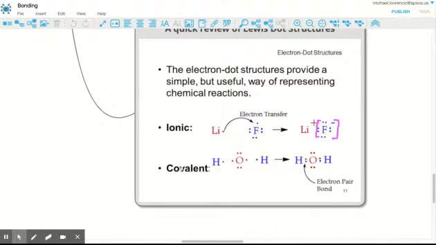For covalent bonds, those Lewis dot structures are showing how electrons are shared between atoms to fill up those octets. One pair of electrons shared between two atoms is a single covalent bond. And remember, atoms can share multiple pairs of electrons if they need to get a complete octet.